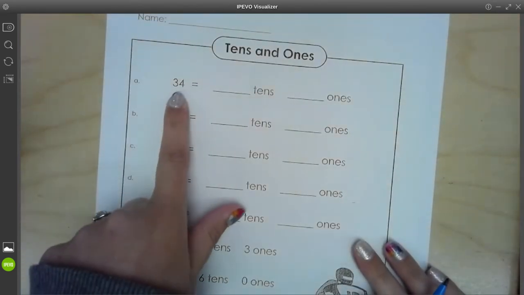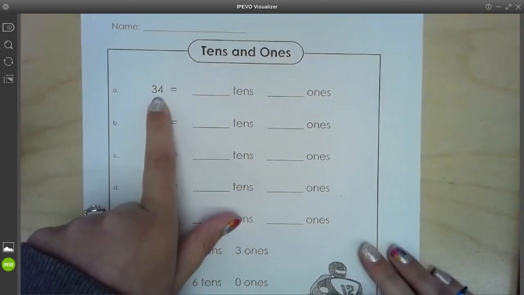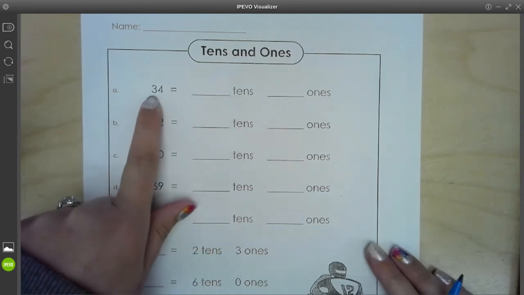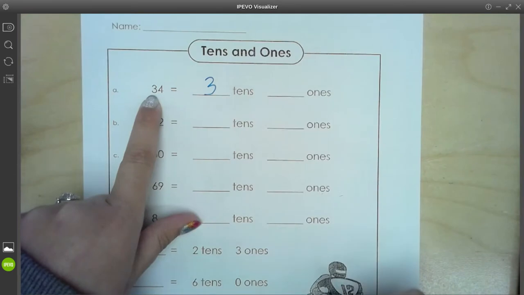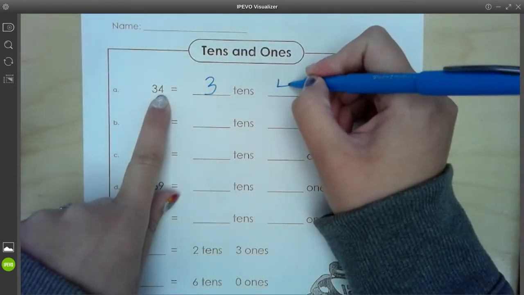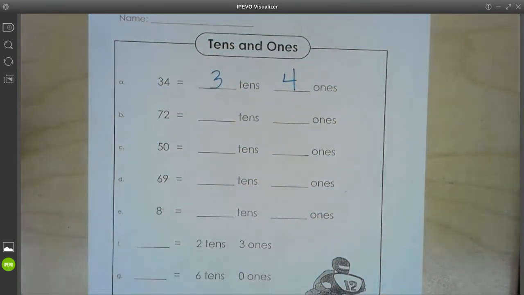So the first one here is the number 34. Looking at it, in the 10 spot, we have 3, and in the 1 spot, we have 4. So 34 has 3 tens and 4 ones.